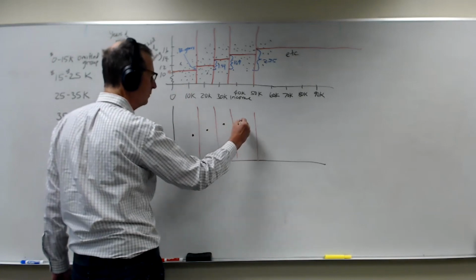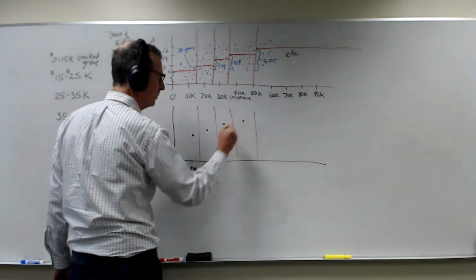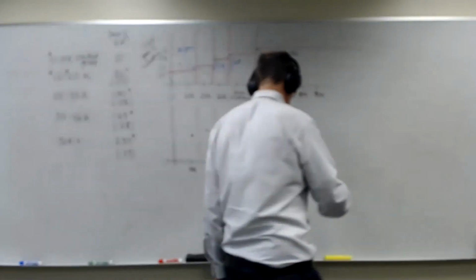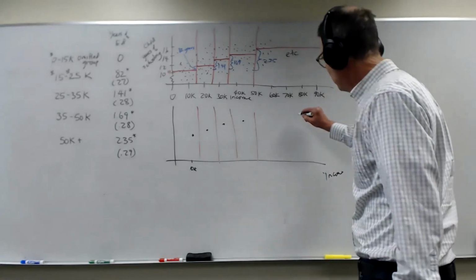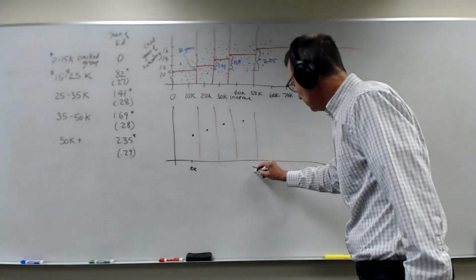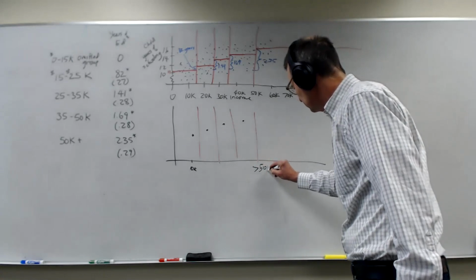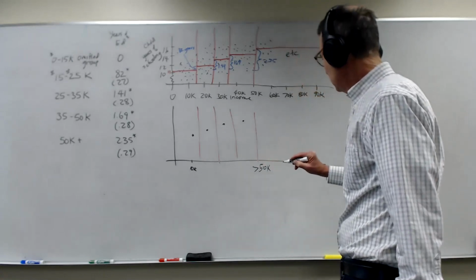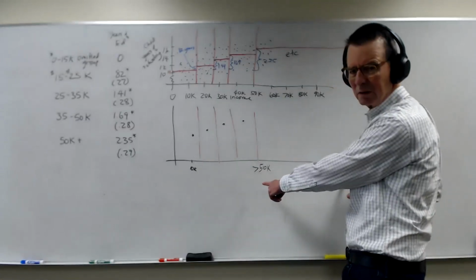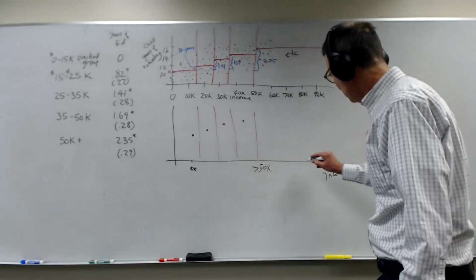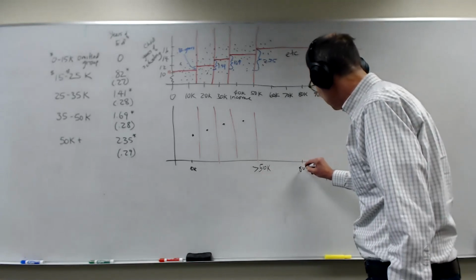We go up like this, and then when you wonder on an income scale where you should put the point associated with greater than 50,000, it should be at the mean income for everyone above 50,000, which is a value of say 80,000 or something like this.